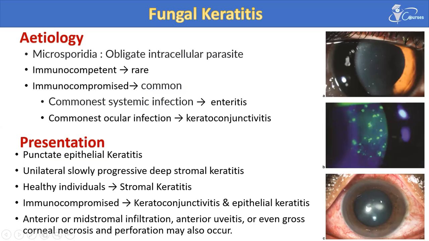So you can see how a scar or stromal infiltration looks. It will be very difficult to diagnose this patient without any investigations. But in the early stages, when it is multifocal, with multiple focal stromal infiltrates, it will be easier to diagnose.